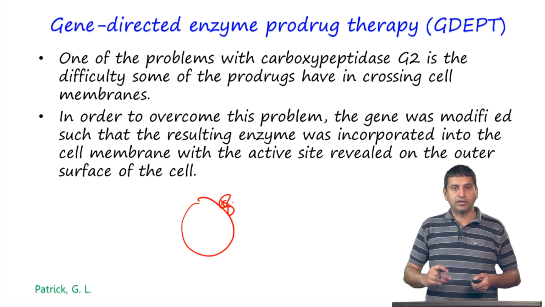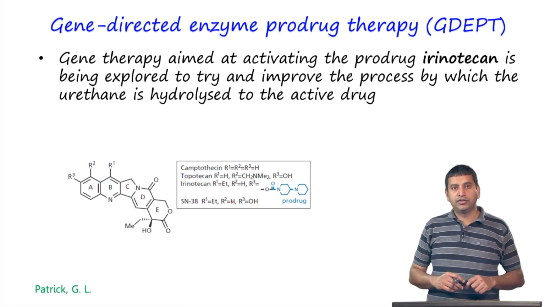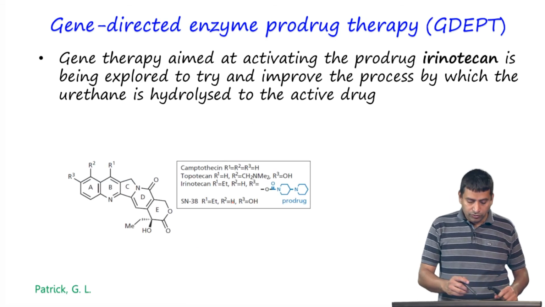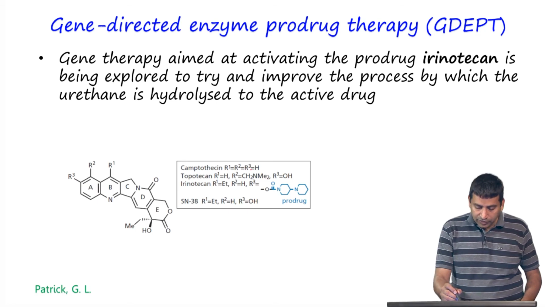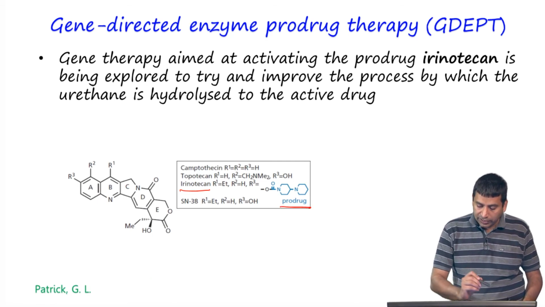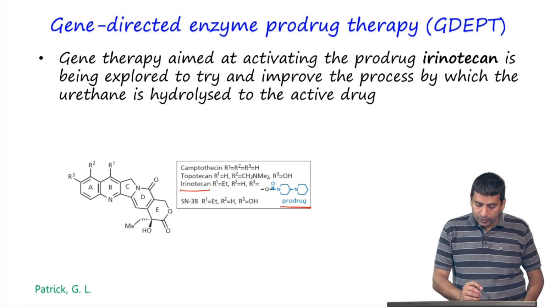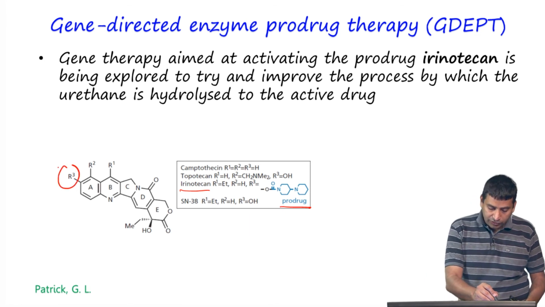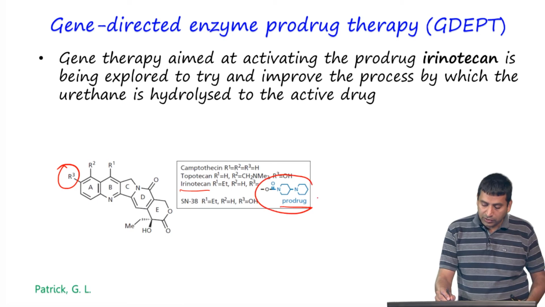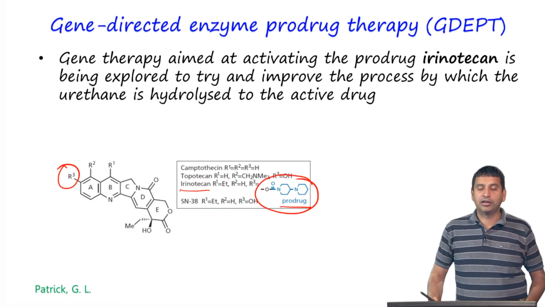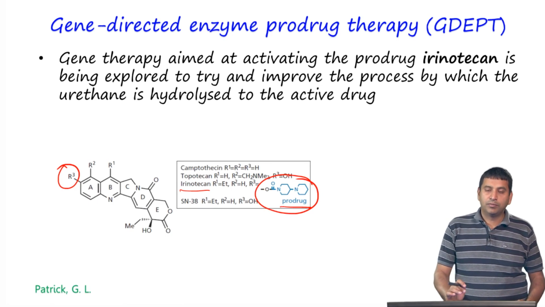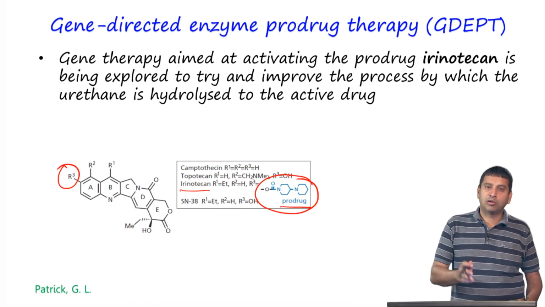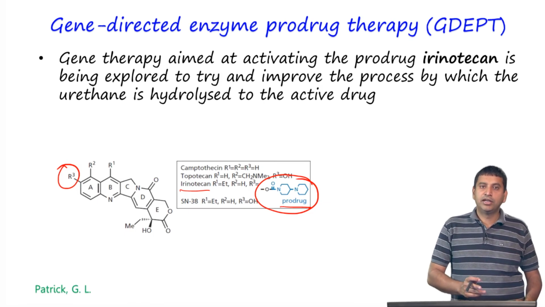One of the examples of GDEPT is this camptothecin derivative. Camptothecin is where you have all of these R groups being hydrogen, and what we could do is make irinotecan, which is basically a prodrug, where R3 as shown here is modified as a carbamate. Once it gets cleaved by carboxypeptidase, it would release the active drug.